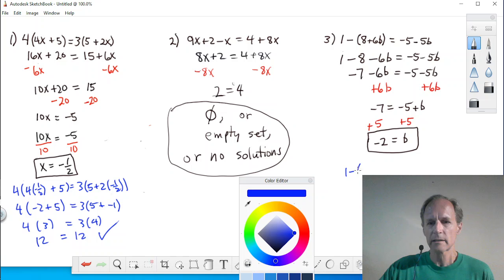1 minus 8 plus 6 times b, which is negative 2, equals negative 5 minus 5 times b, which is negative 2.